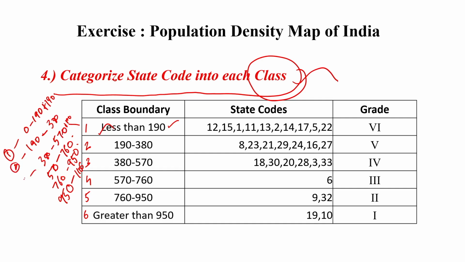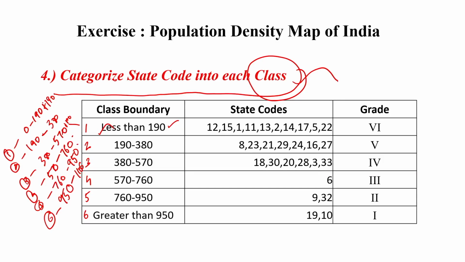The highest value is 1106 here, so 950 to 1106 will be your 6th class. So, class 1, 2, 3, 4, 5 and 6. So, 6 different classes we have split based on the class interval that I got from my previous step.